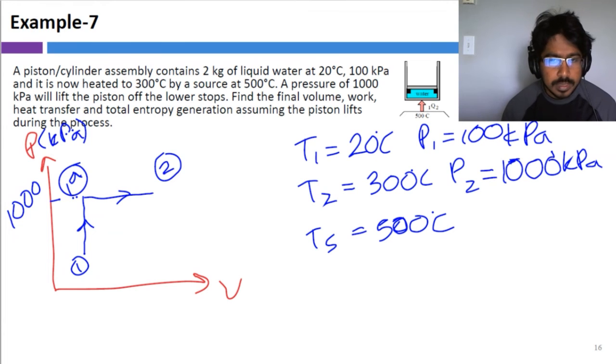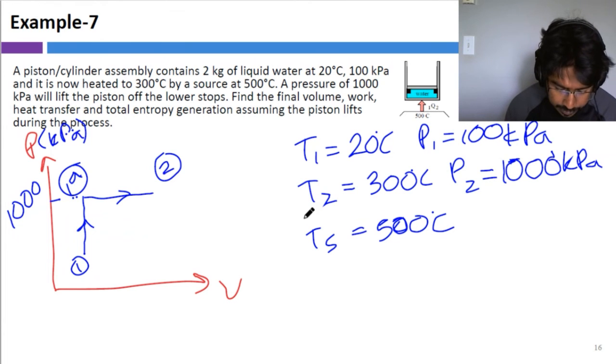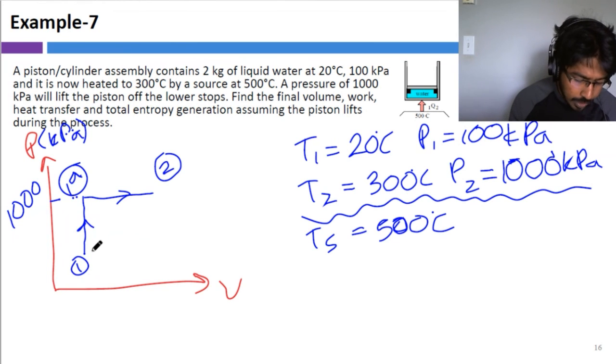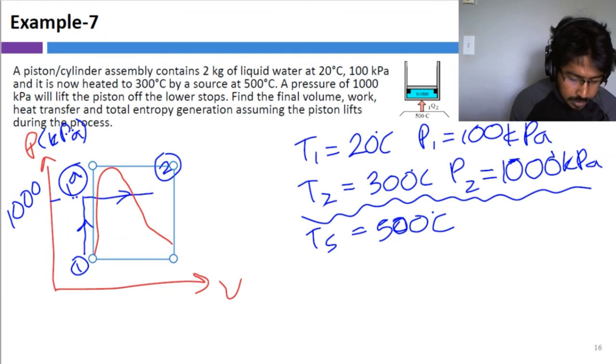So state 2 is clearly defined. The pressure and temperature is pretty obvious. Therefore, we just go to the property tables and then find the final properties, right? And from the solution, because I have looked at the solution before, I know that it's going to be superheated region.